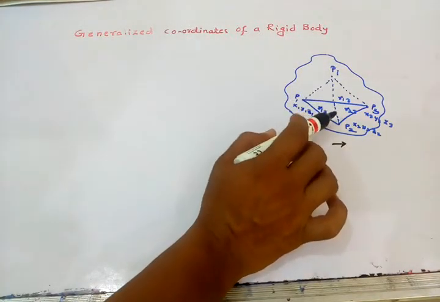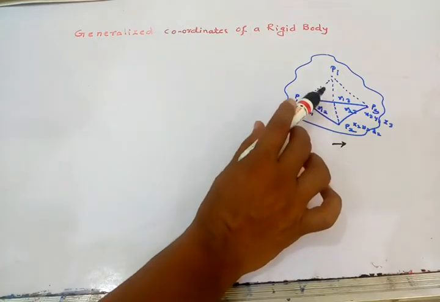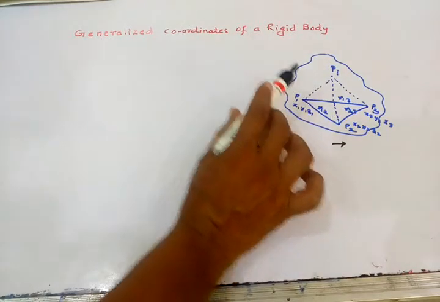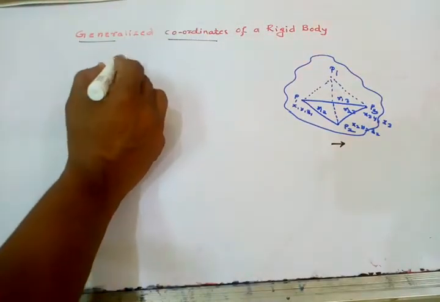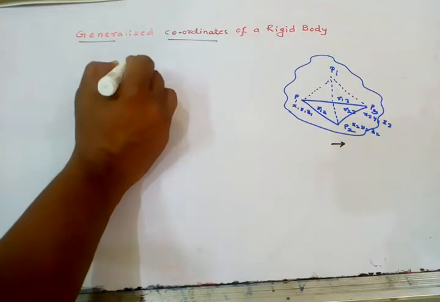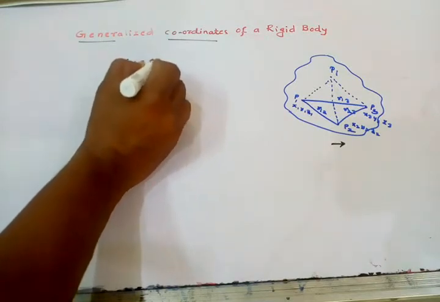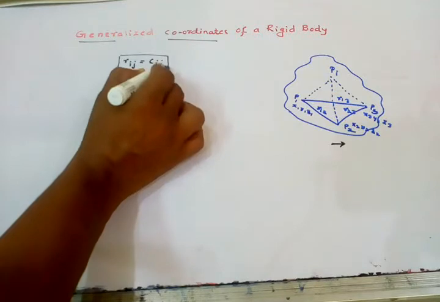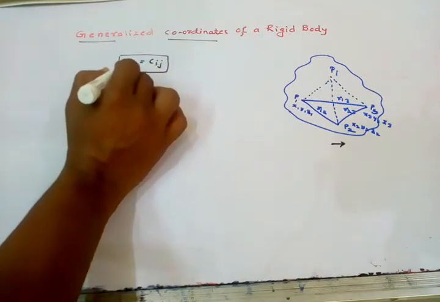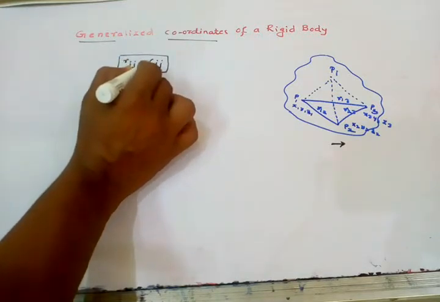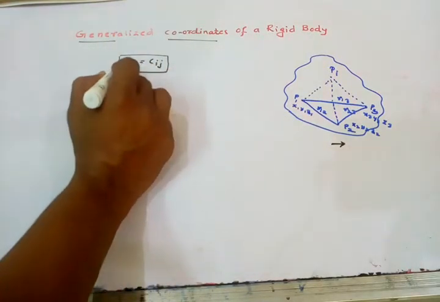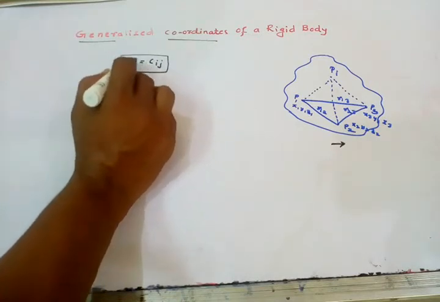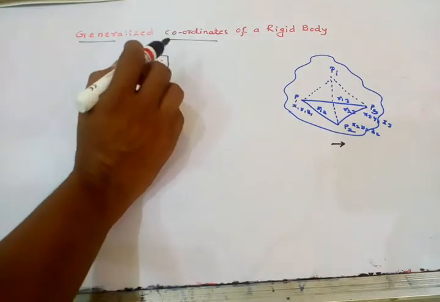This is an n-particle system, but I have taken only three particles. According to the rigid body definition, Rij equals Cij. That means the distance between two particles remains constant when it is in motion. Cij is constant. Rij is the distance between the ith and jth particle.